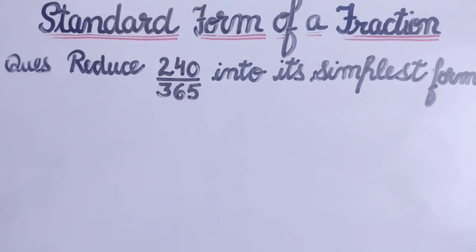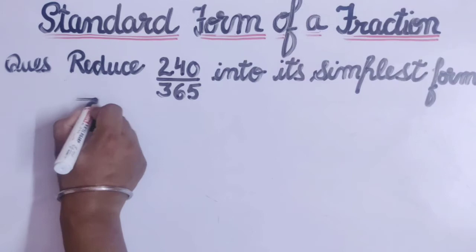Now students, it's your wish if you want to find out HCF by prime factorization method or by long division method. I am finding out the HCF by long division method. Right? So let's complete the first step.